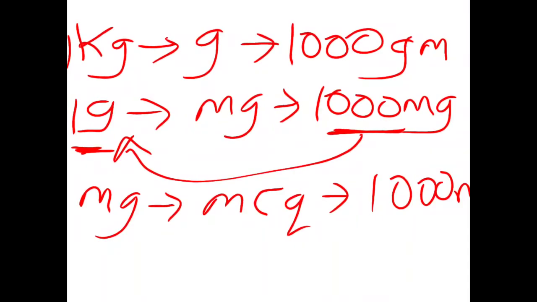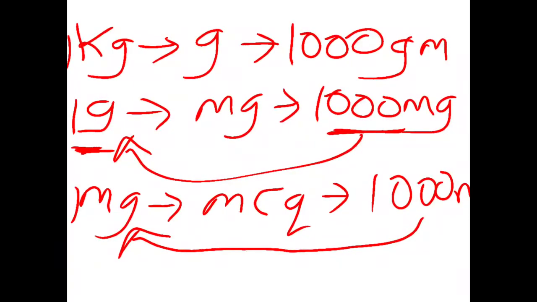So when you have 1000 micrograms, this makes up 1 milligram. If you get 1000 micrograms, it shows that you have 1 milligram. If you have 1000 milligrams, it shows that you have 1 gram if you are going in reverse.